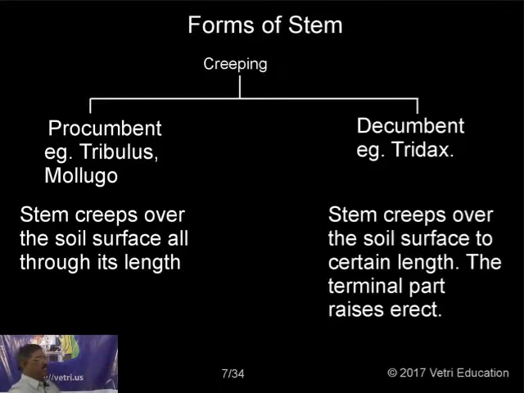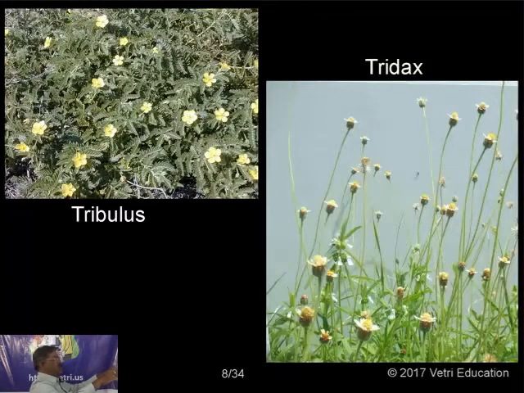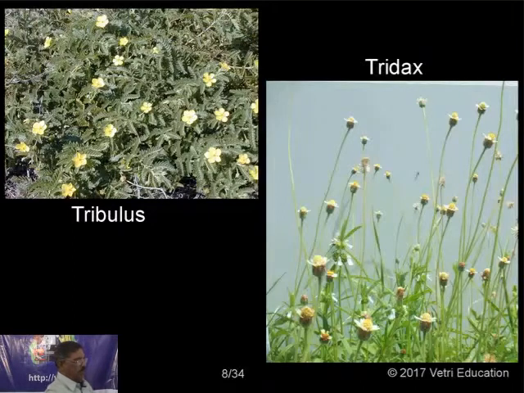This you can find in Tridax, the photographs you will see, and the procumbent in Tribulus and Mollugo. The first one, procumbent, is completely prostrate on the ground, Tribulus. The second one, Tridax, is prostrate for some time and the terminal part rises, giving the inflorescence.